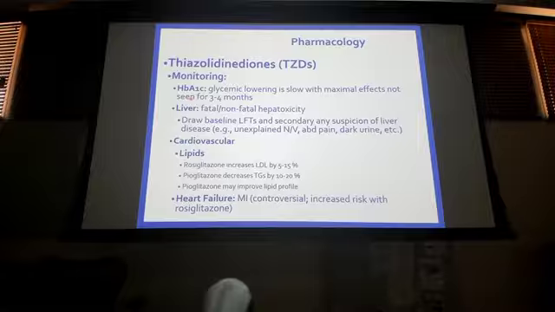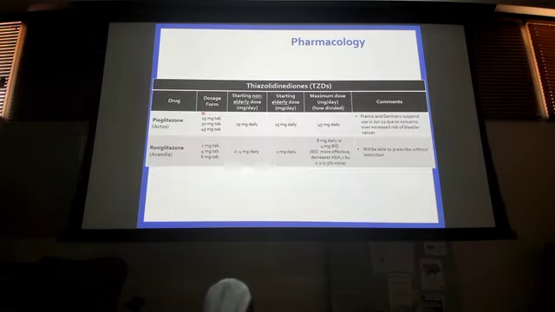That is what we are trying to get controlled. We're trying to lower the A1C. Also, because we said that we could have that hepatotoxicity, I need to make sure that you're getting your LFTs. Cardiovascular, right? Because I can have that MI, I have my heart failure patient. So making sure that you're monitoring the symptoms that they have as well as your lipids. And then again, your rosiglitazone with your heart failure, increased risk there.